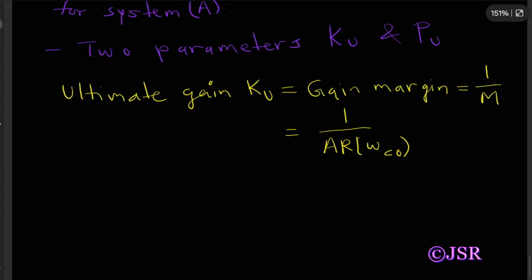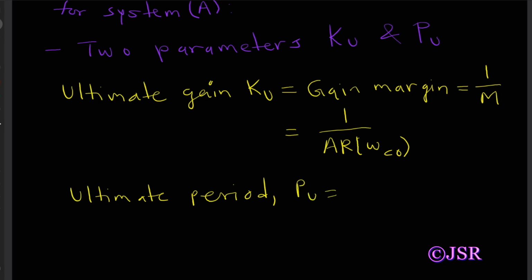Similarly, the ultimate period Pu is given by 2 pi upon omega co, where omega co is the crossover frequency.